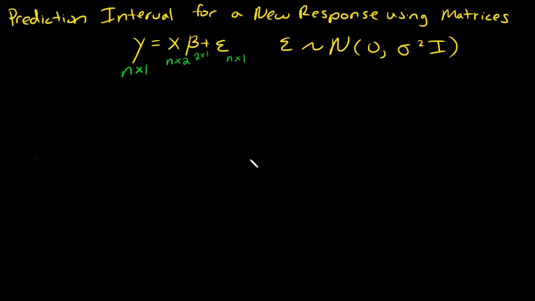Okay, so we're talking about a prediction interval for a new response, y naught. So y naught is not observed, and it's just a scalar, a 1 by 1. So what is y naught?